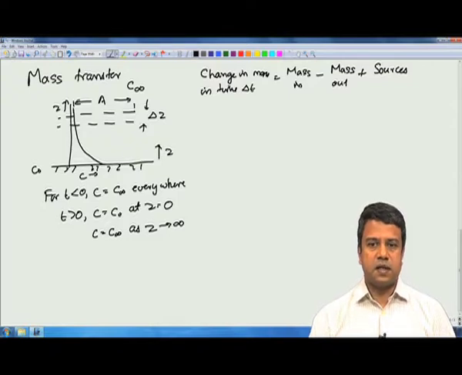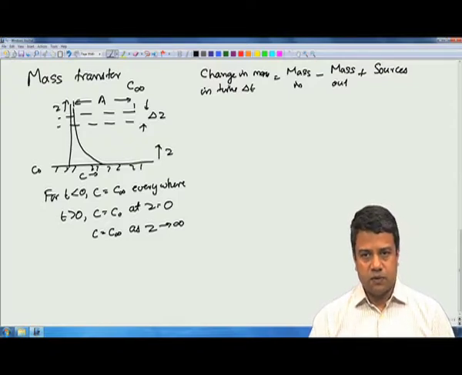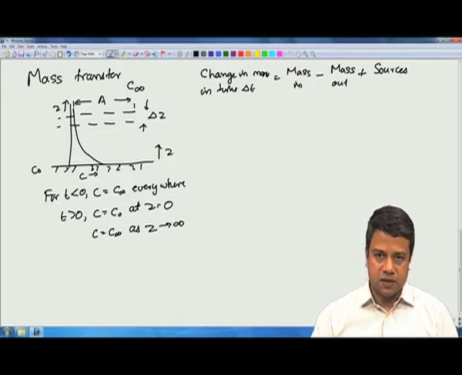For example, if there were a reaction which was either generating this species or consuming this species, there would be either a source or a sink of mass within this volume. So, that will come in the source term.